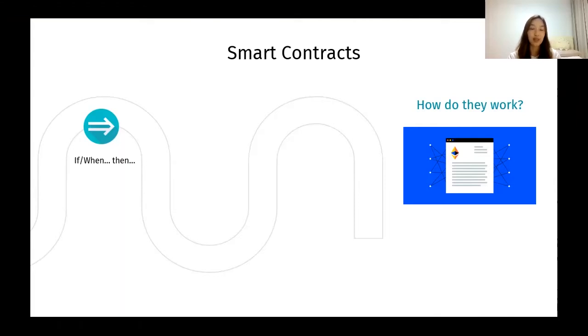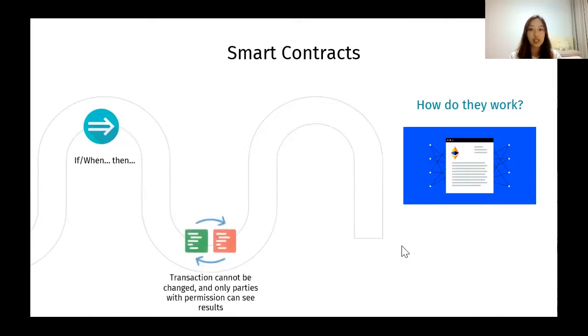So a concept like this. So a network of computers executes the action when predetermined conditions have been met and verified. So these actions could include releasing funds to the appropriate parties, registering a vehicle, sending notifications, or issuing a ticket. So the blockchain will then be updated when the transaction is complete.